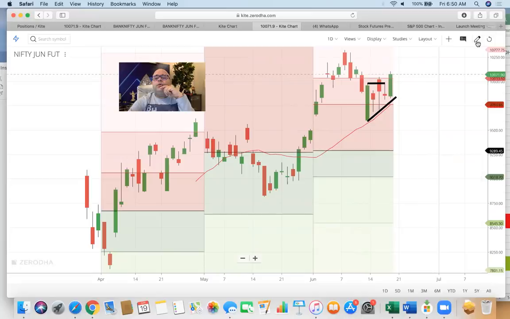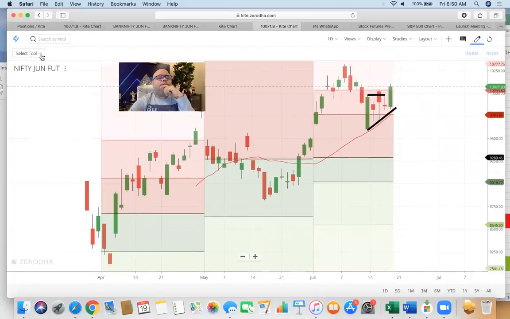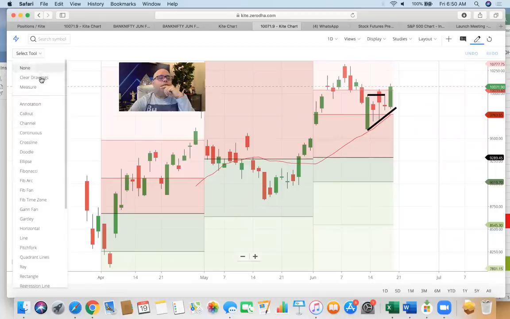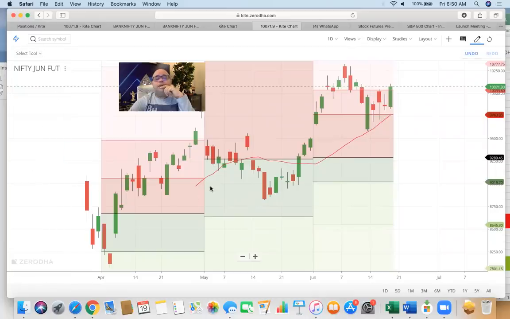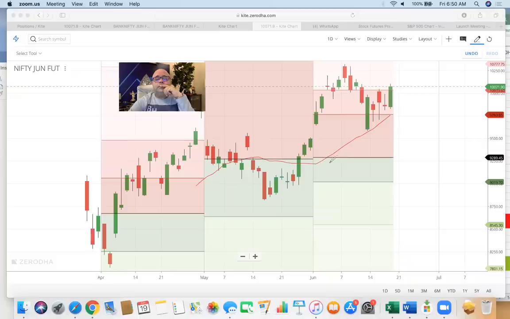Now, what happens here is this line here is the 20 DMA, the red line that you can see.